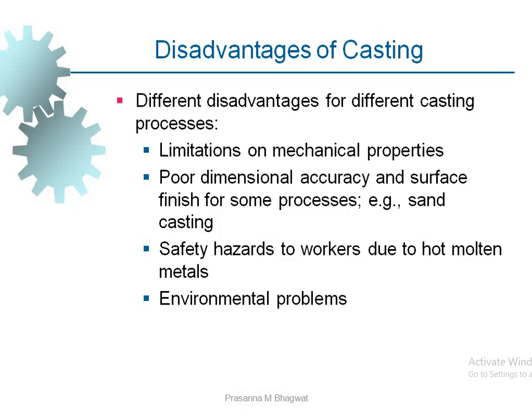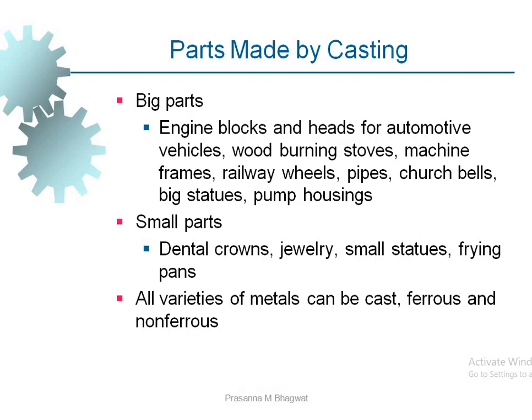There are safety hazards to workers due to hot molten metal, because the molten temperature ranges from some 1300 to 1500 degrees Celsius. It also creates environmental problems such as smoke and dust. These are the disadvantages of casting processes.